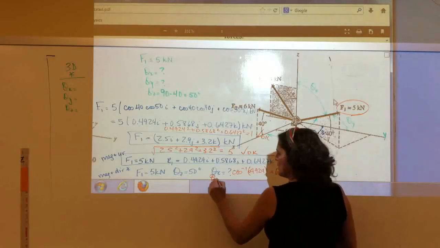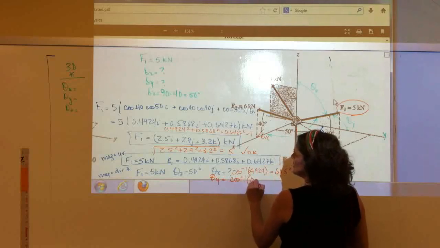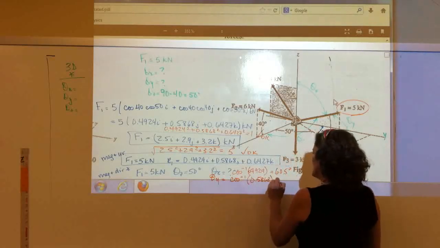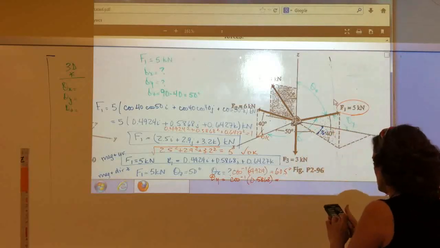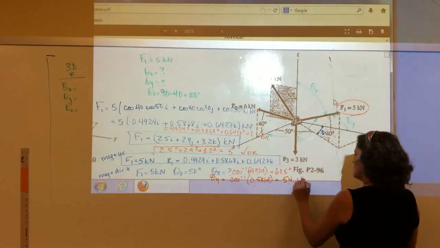And let's find theta y is equal to the inverse cosine of 0.5868, which equals 0.5868 inverse cosine, 54.1 degrees.